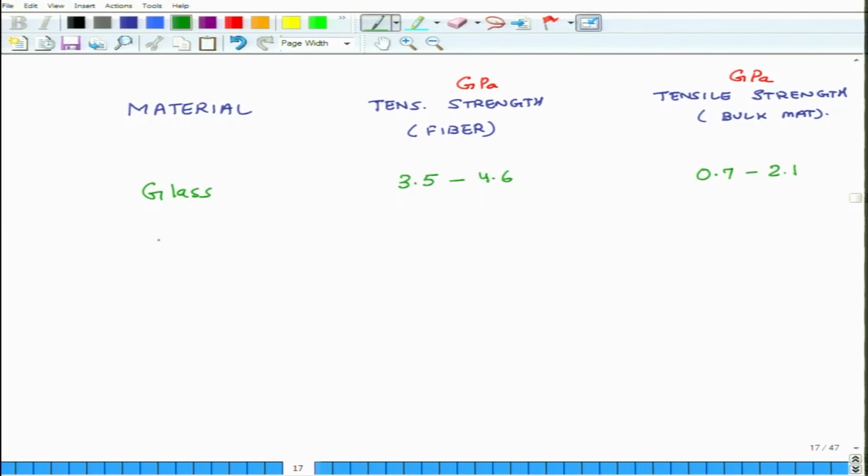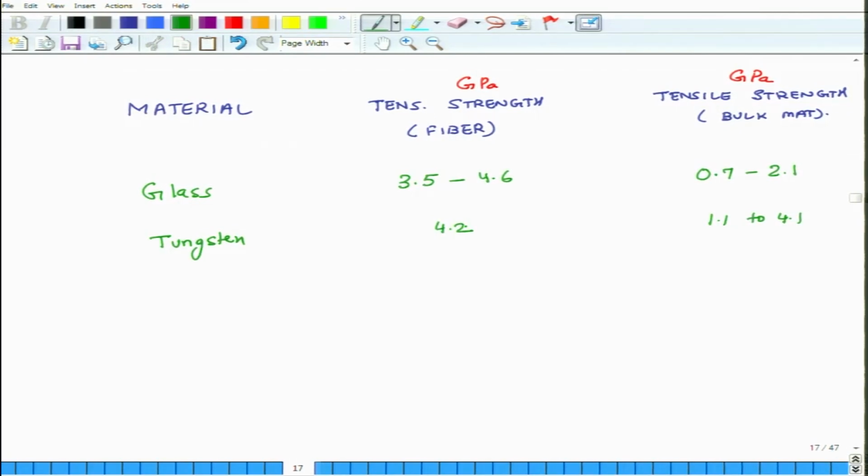Let us look at another material, tungsten. The first example we discussed was glass, a non-metal. Now, let us look at metal fibers. The bulk material strength is anywhere between 1.1 GPa and 4.1 GPa. I will write it clearly, 1.1, but the bulk material is 4.2.